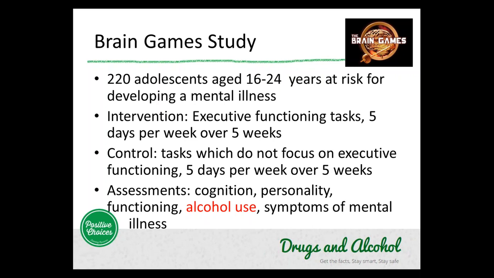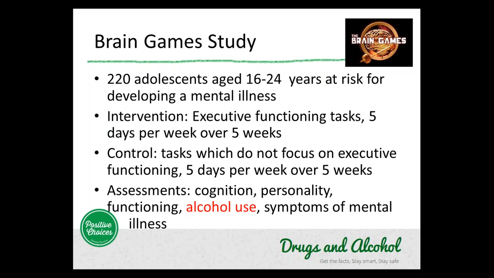We know that people with mental illnesses do have deficits in executive functioning, and studies have also shown that there's dysfunction in circuits in the frontal lobe, that area of the brain associated with executive functioning.